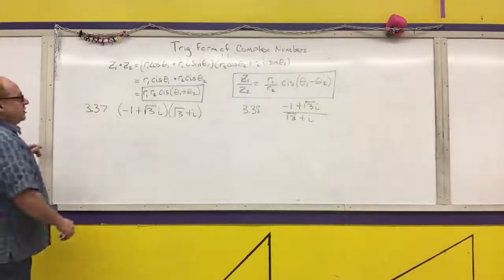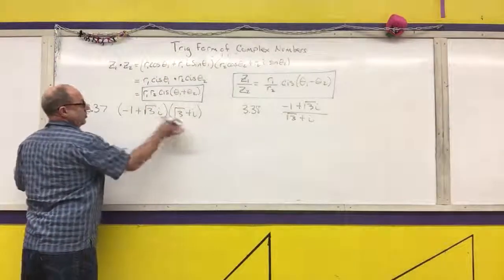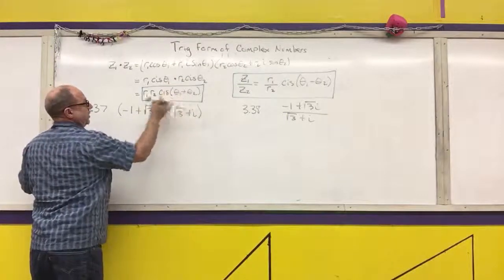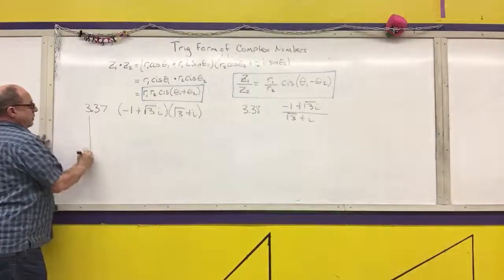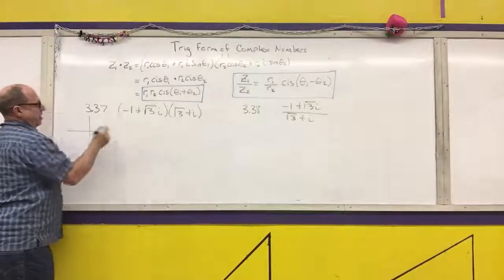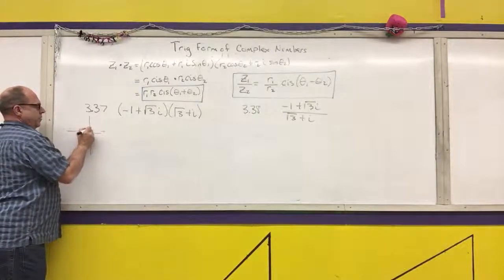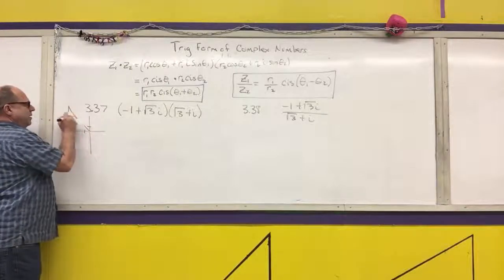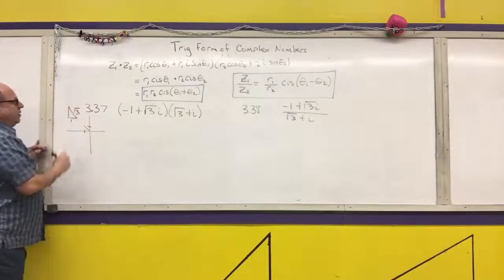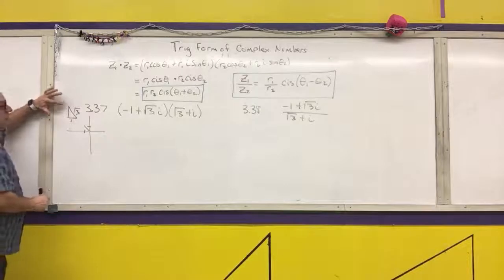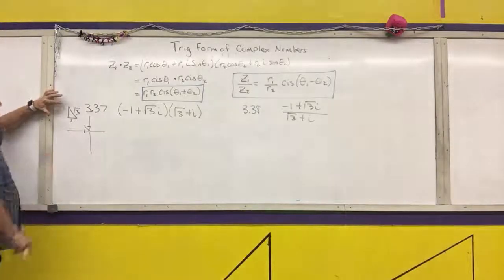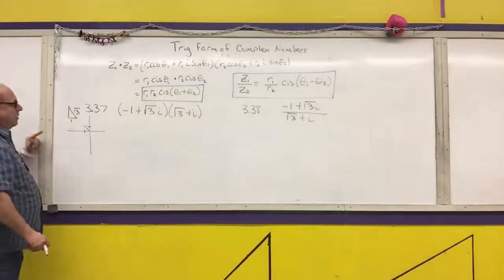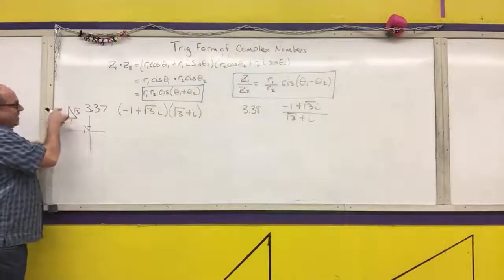So first thing I want to do is draw these two and then turn them into trigonometric form. Okay, so I have -1 and then the square root of 3. A lot of students think, so I need this side right here.